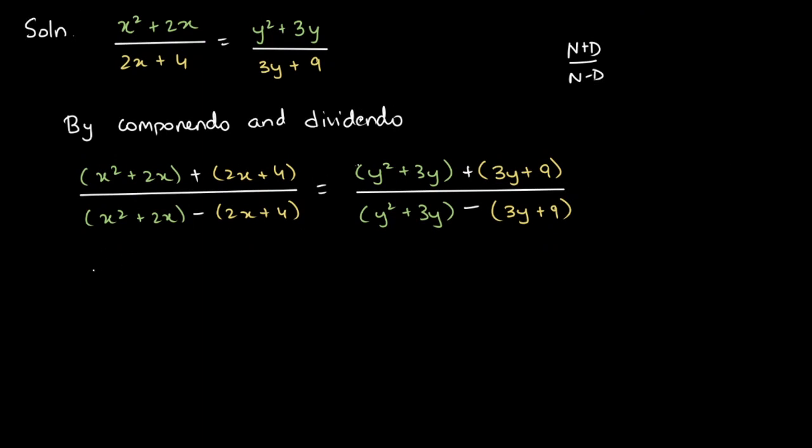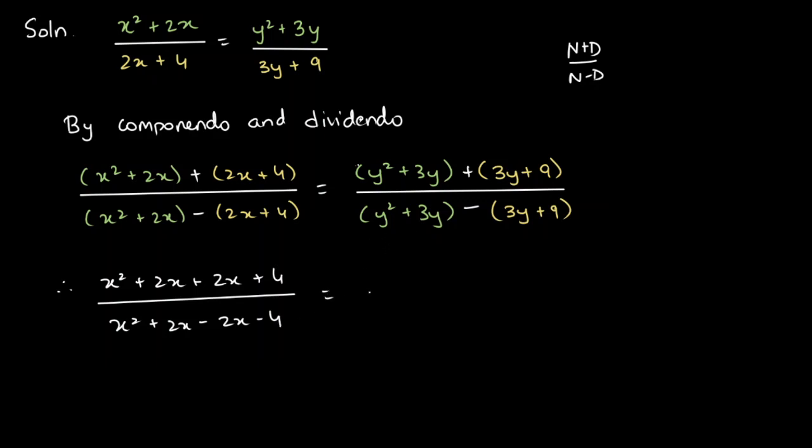Let's open up the bracket. So we have x squared plus 2x plus 2x plus 4 divided by x squared plus 2x minus 2x minus 4. On the right hand side, when I open up the brackets, I get y squared plus 3y plus 3y plus 9, entire thing divided by y squared plus 3y minus 3y minus 9, right?